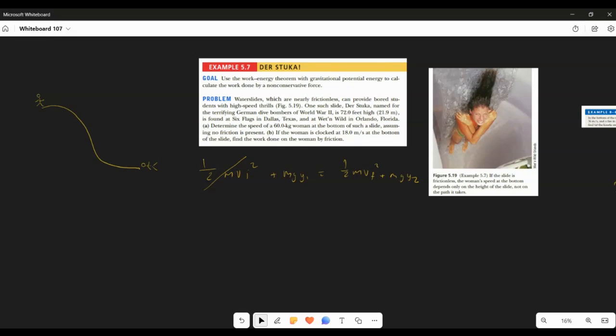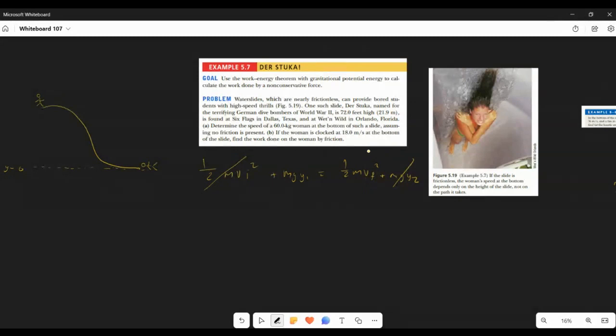Obviously, at the top, we have potential energy. At the bottom of the slide, she has no potential energy, so we're assuming y2 is zero. We all should know this by now. We're only left with two terms here, this term and this one over here.